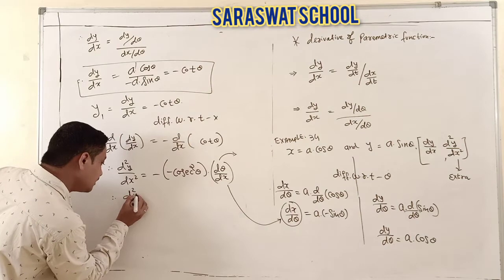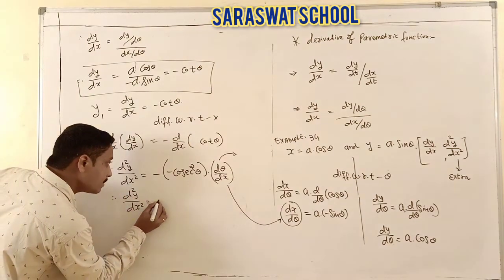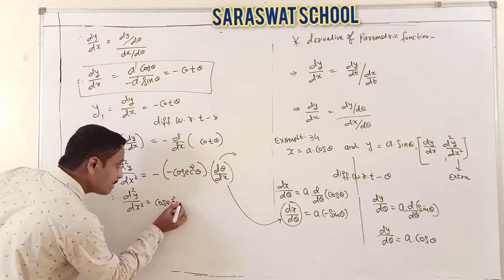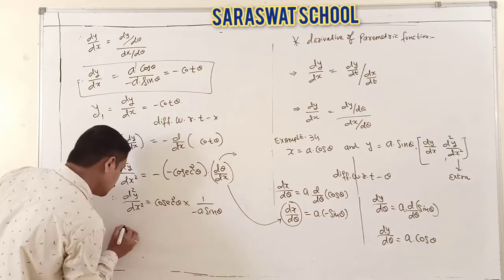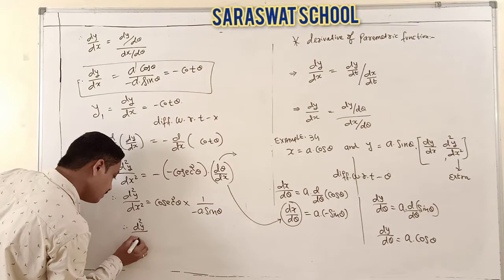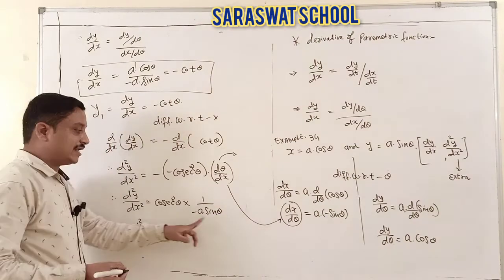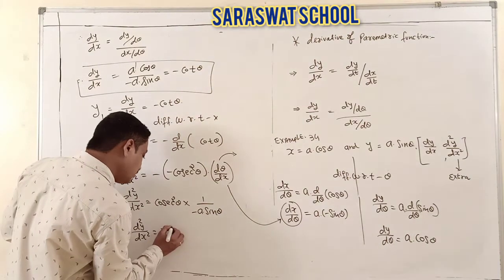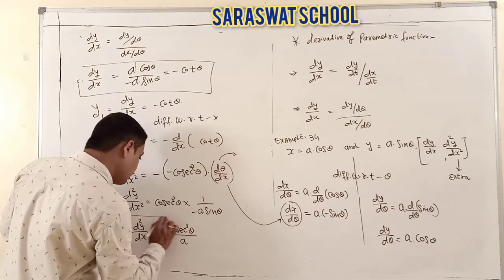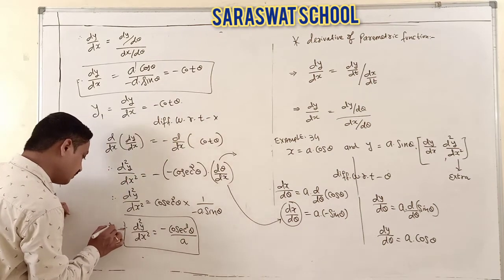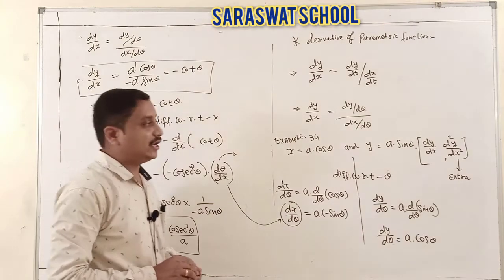So d square y by dx square is cosec square theta, and that value is 1 by minus a sin theta. So in total, taking sin theta to the upper side, it is minus cosec cube theta by a. That's your y2, the second order derivative.